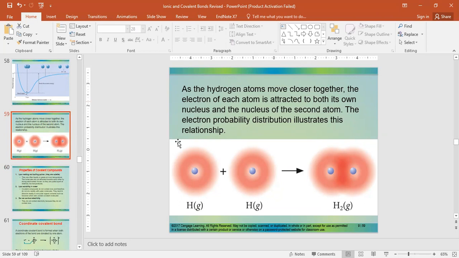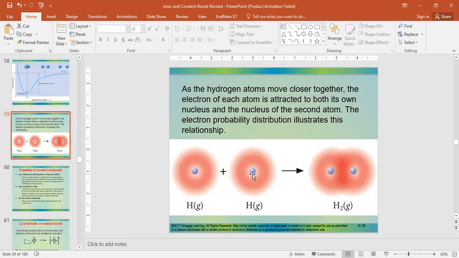You have an atom of hydrogen here and another atom of hydrogen here. Now they are coming closer to one another, but now there are competing forces. What are these competing forces? The electron here is being attracted to the proton in the neighboring atom, while at the same time, it is being attracted to its own nucleus.